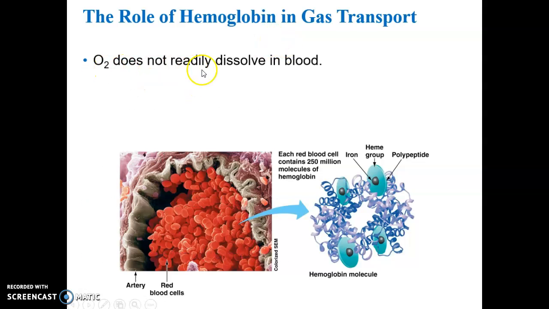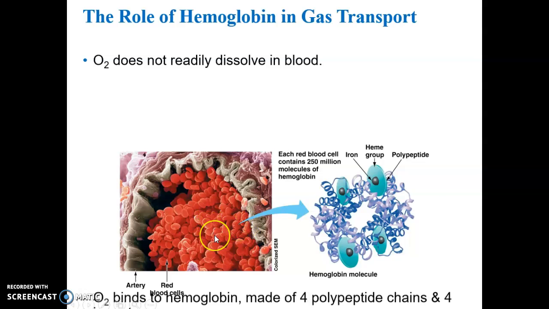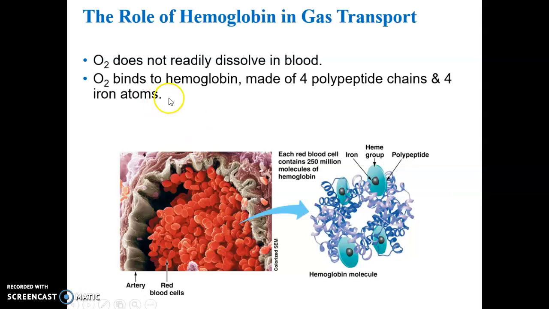So oxygen does not readily dissolve in blood, so blood has the red blood cells, which are full of hemoglobin molecules, approximately 250 million hemoglobin molecules for each red blood cell. The hemoglobin molecule is made up of 4 separate polypeptide chains that are linked together and 4 iron atoms in what's called the heme group.